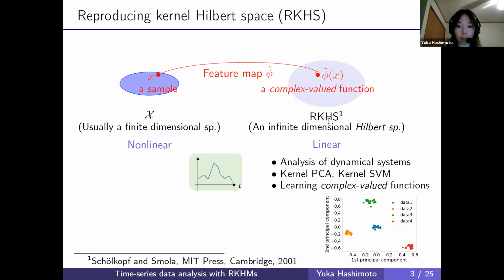By using this property, we can analyze complicated dynamical systems in the original space in RKHS. Also, we can apply it to classical methods like principal component analysis or support vector machine. And also we can apply it to learning complex valued functions because vectors in RKHS are complex valued functions.